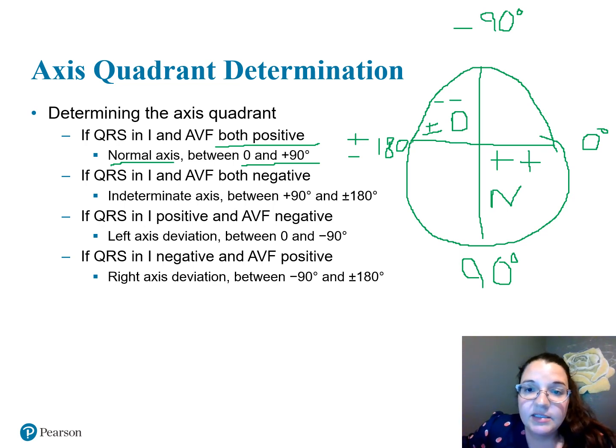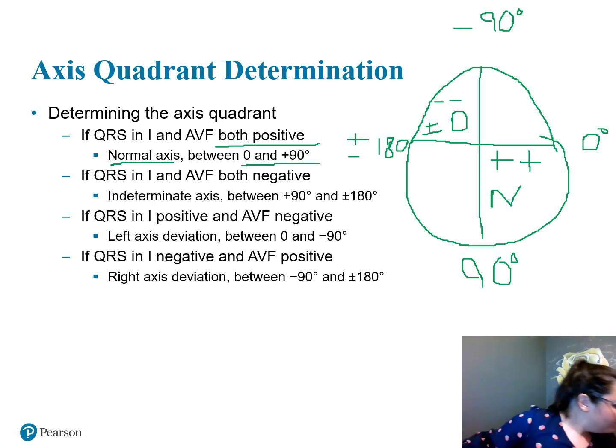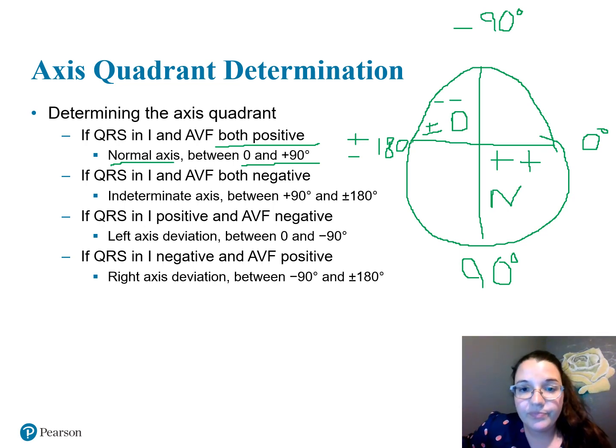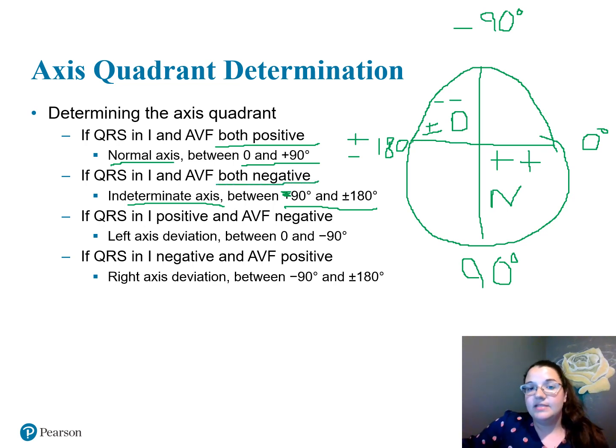Indeterminate should be between the negative 90 and the positive and negative 180. That is a typo. If I am indeterminate, I am in between the negative 90 and the positive negative 180. This should be negative, okay? Not positive, okay? So I am indeterminate between negative 90 and 180 if I am negative on both sides.